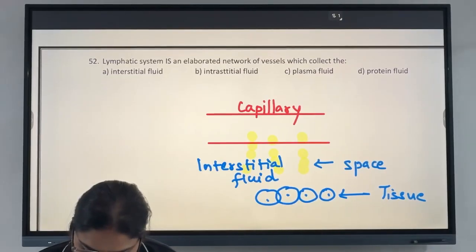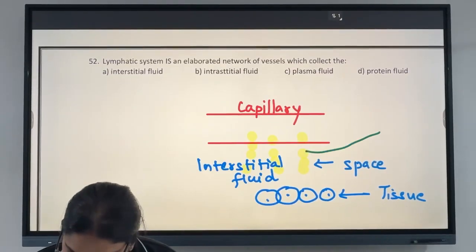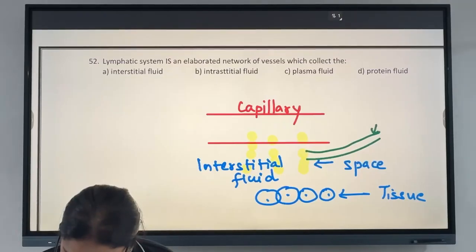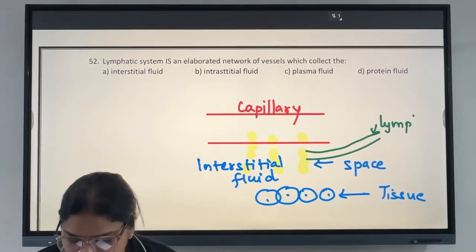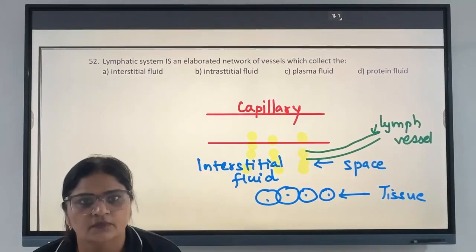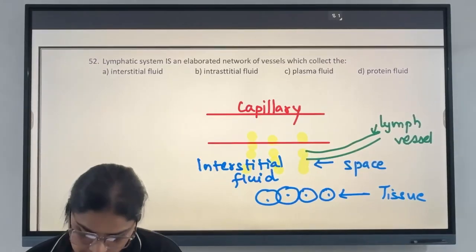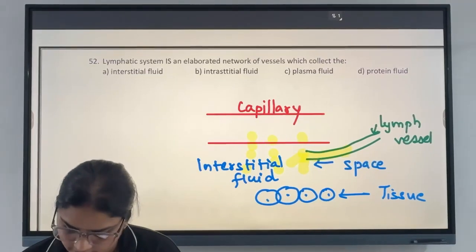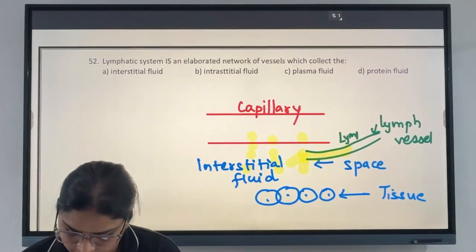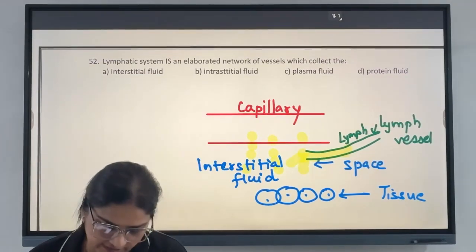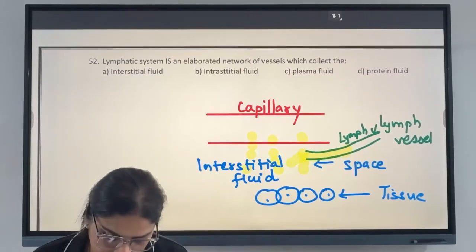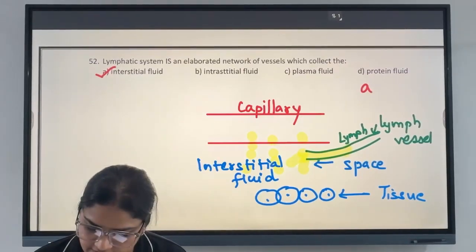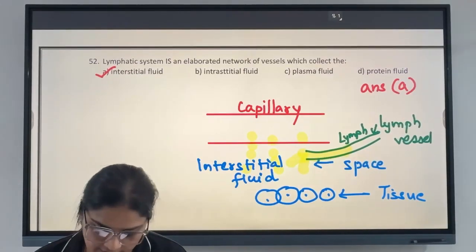The very same fluid, when it enters a lymph vessel, is given the name lymph. So what is the lymph vessel carrying? It's carrying interstitial fluid. The answer is option A.